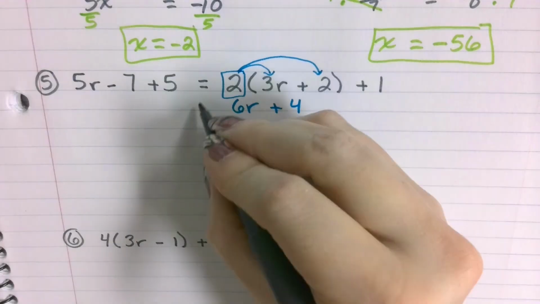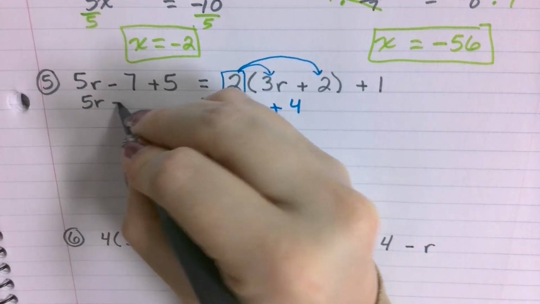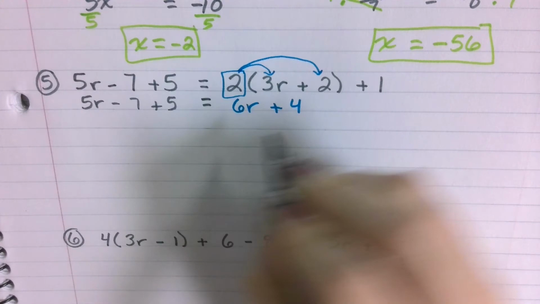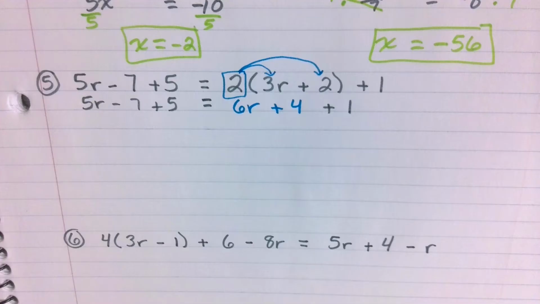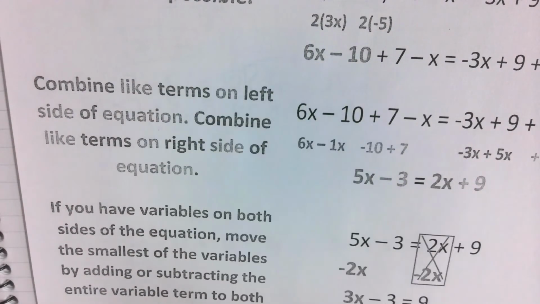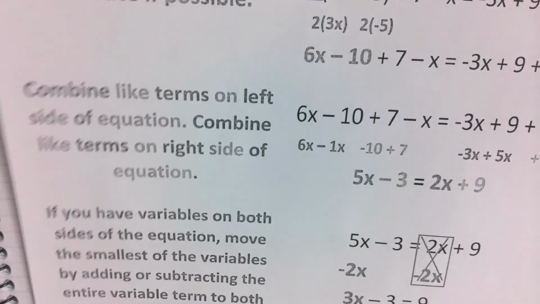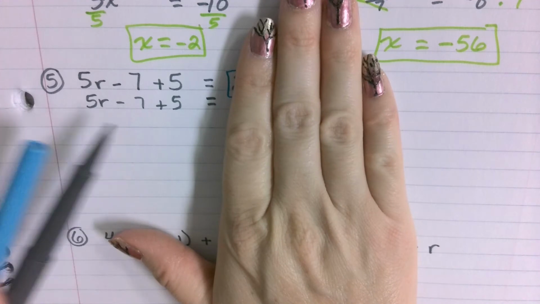I still need to bring everything else in my problem down. So I still have 5r minus 7 plus 5 is equal to now 6r plus 4 and then plus the 1. Okay, so we distributed. We did step 1. Now step 2, we need to combine like terms on the left side. So let's take a look. On the left side of my equation, do I have anything that can be combined together?